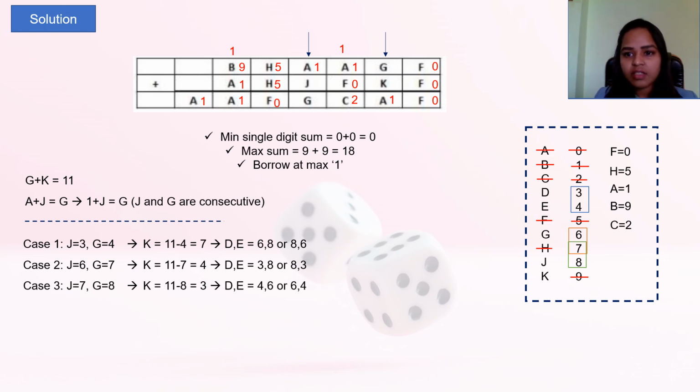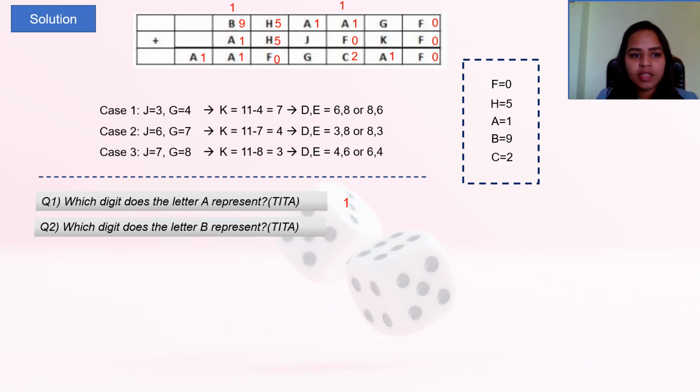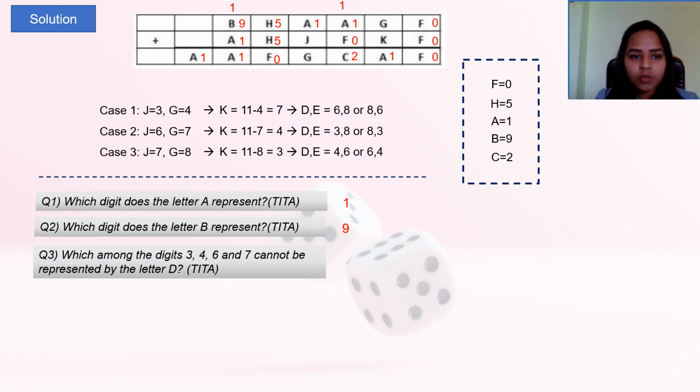So now that we have solved this, let's directly look at the questions. Which digit does letter A represent? We got A equal to 1. Which digit does letter B represent? We got B equal to 9. Which among the digits 3, 4, 6 and 7 cannot be represented by letter D?